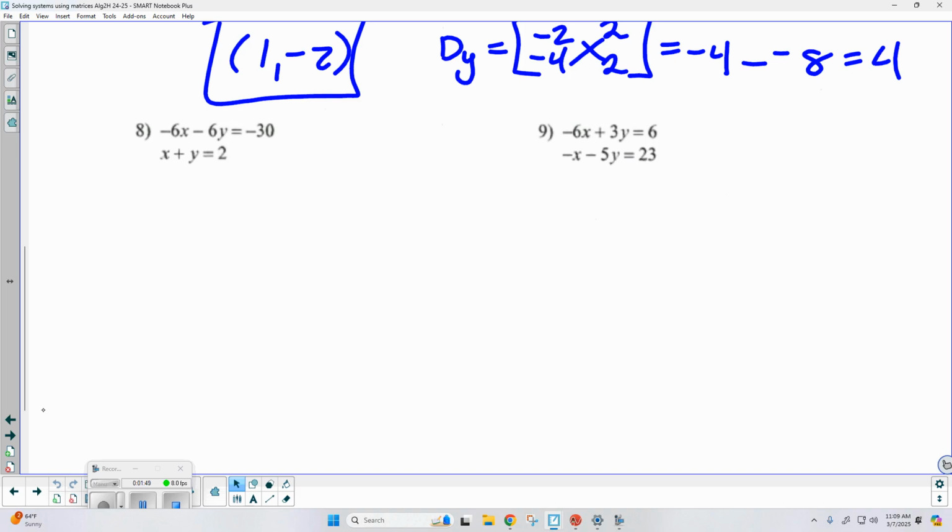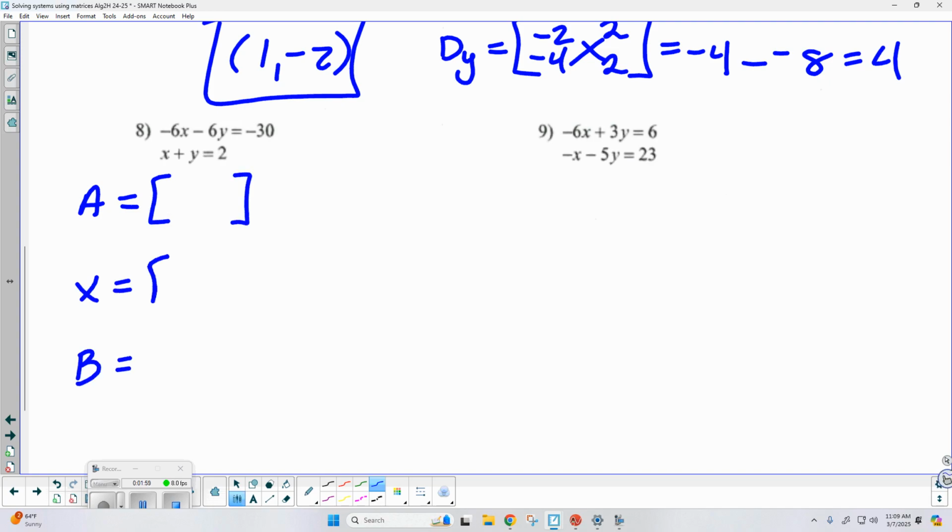All right, so let's go ahead and create our 3 matrices. So we have matrix A, matrix X, and matrix B. Now remember the dimensions for A was 2 rows by 2 columns, so it's a 2 by 2, but both X and B are 2 by 1 matrices, so 2 rows and 1 column.